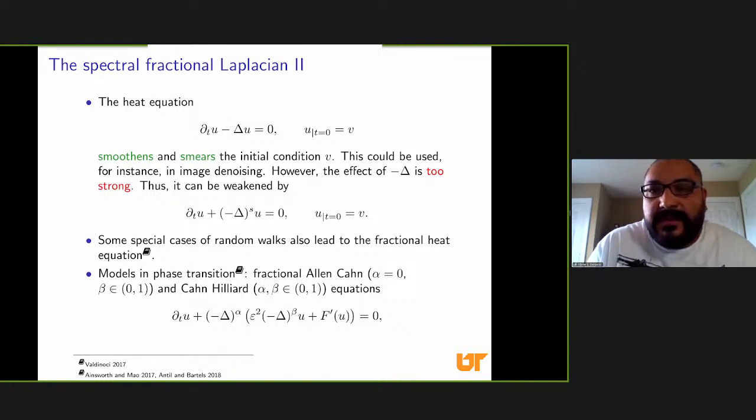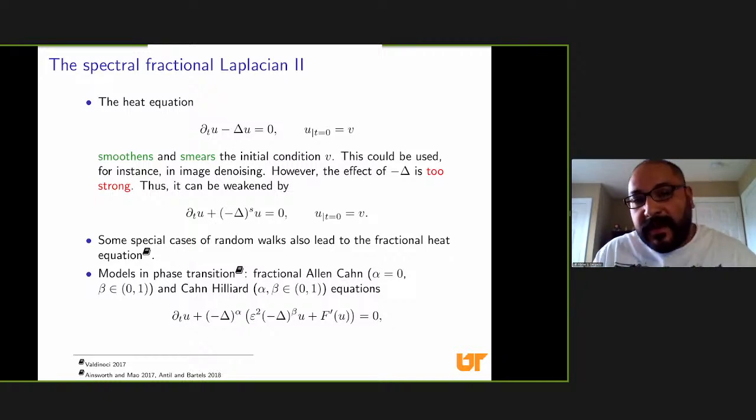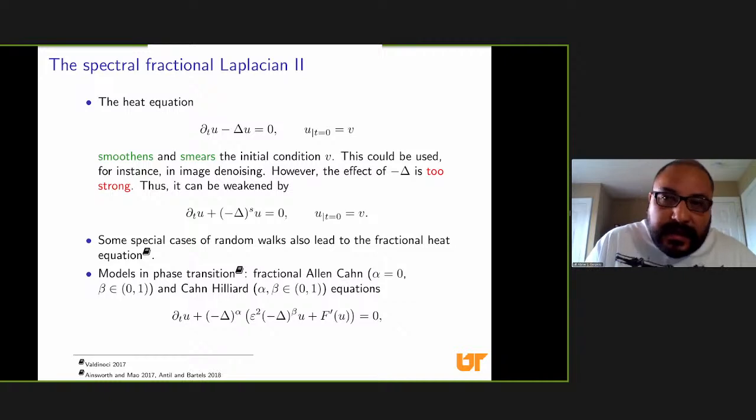There's too much diffusion. So you can weaken it by not applying the Laplacian, but a fractional power of it. So you get some sort of a fractional heat equation. That is something that also was used. Some sort of a fractional heat equation also appears in certain special cases of random walks.